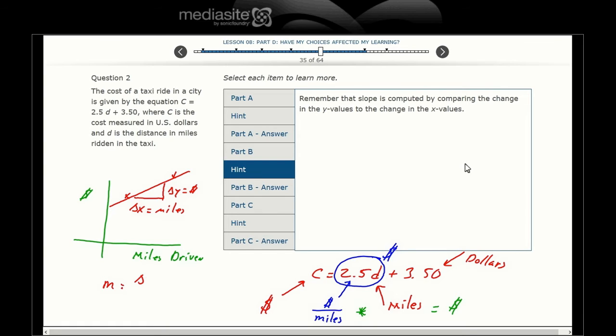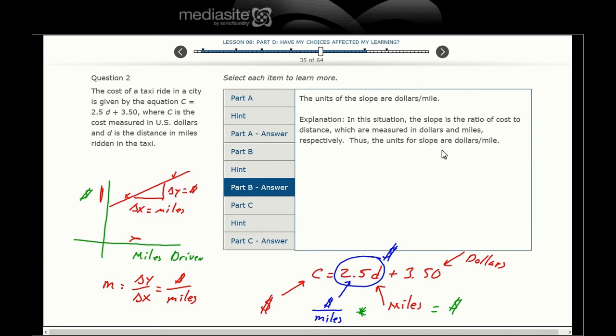Slope is delta y over delta x, which would be units of dollars over miles. So the slope, in this case 2.5, is done by doing a ratio of the change in y values with the change in your x values. So that's how we got dollars per mile.